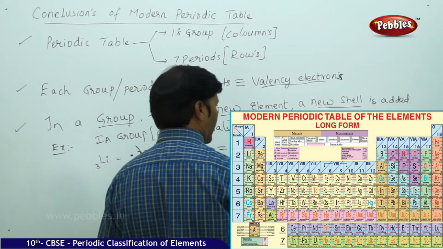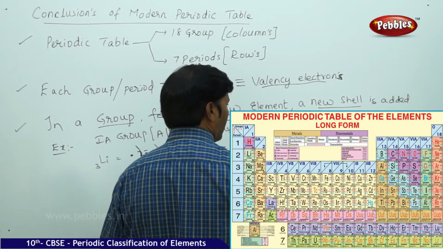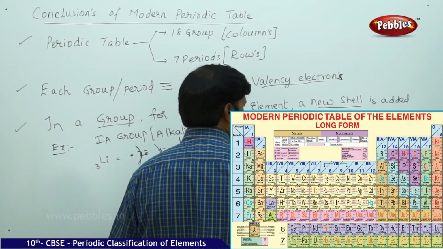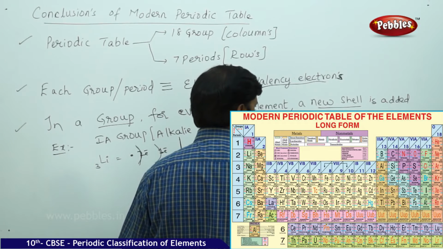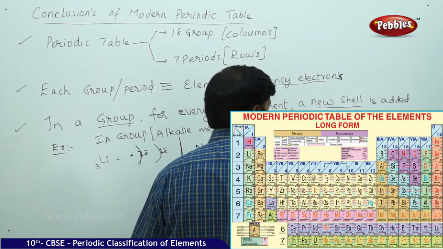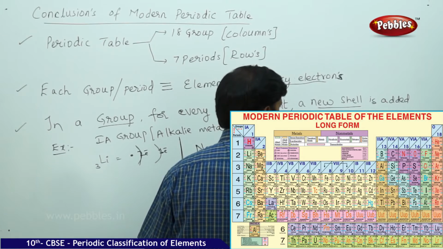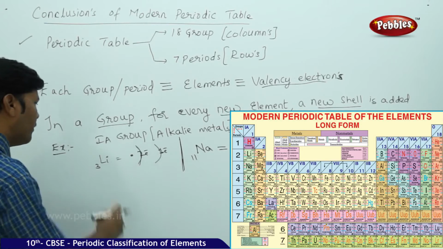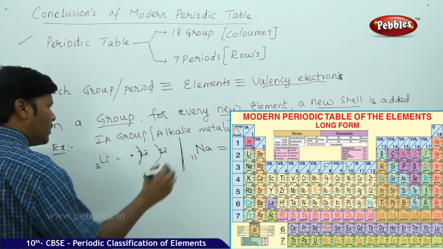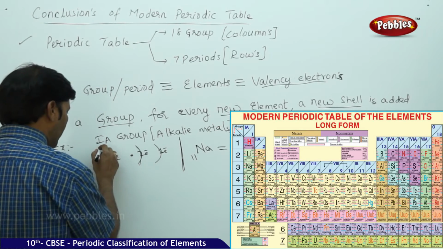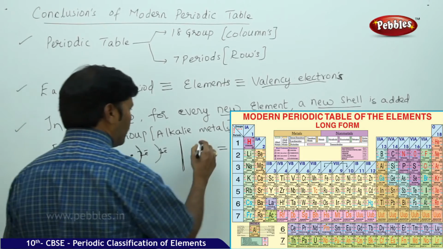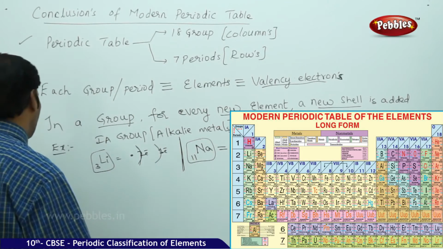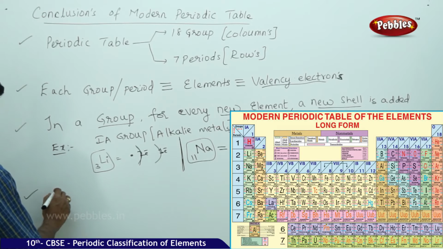If you go for potassium, atomic number 19: nucleus, first shell 2 electrons, second shell 8 electrons, third shell again 8 electrons, fourth shell 1 electron, and so on. And mind you, lithium, sodium and potassium belong to the same group, the 1A group. Don't forget that.